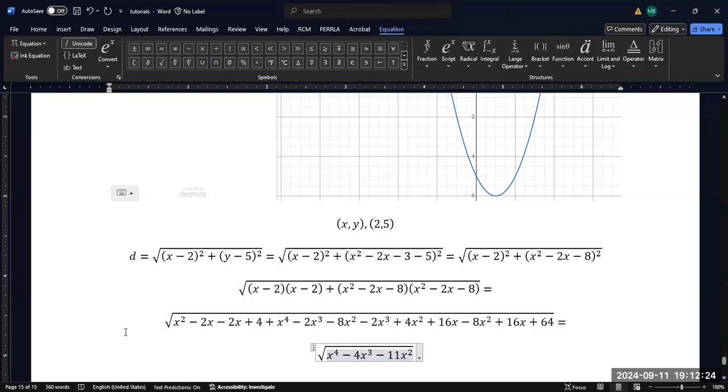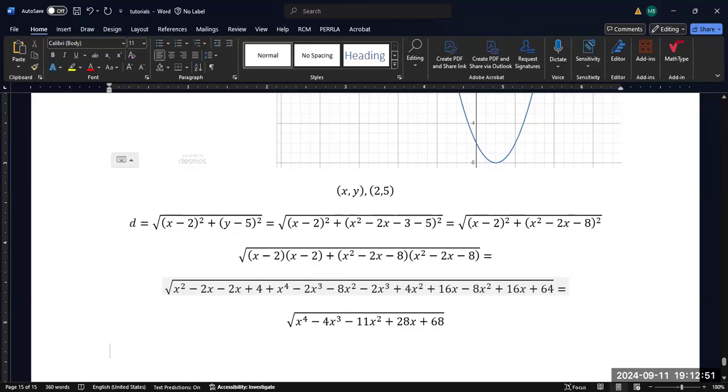And then how many x's do I have? I have negative 4x here, and then also two 16x's, so that will be 32x. 32 minus 4 is going to be plus 28x. And then I have a constant of 4 and a constant of 64, and so it's going to be plus 68.